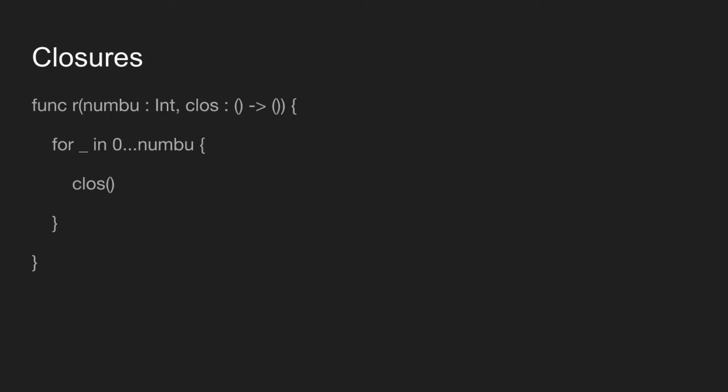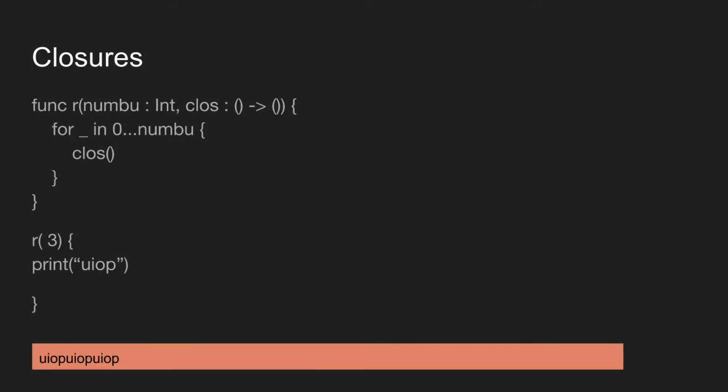It's known as parenthesis, arrow, parenthesis. The arrow is dash and greater than sign. And it says for underscore because we're not using it, and n goes through number and close. So you'll see what's happening.